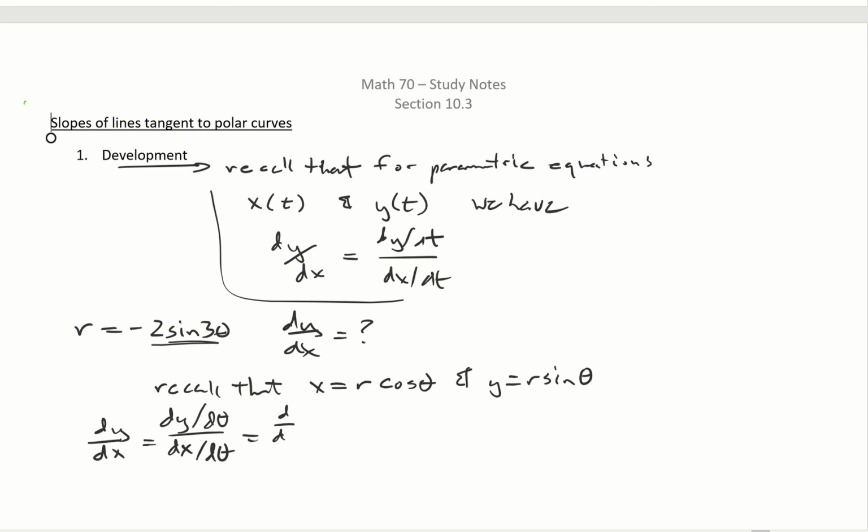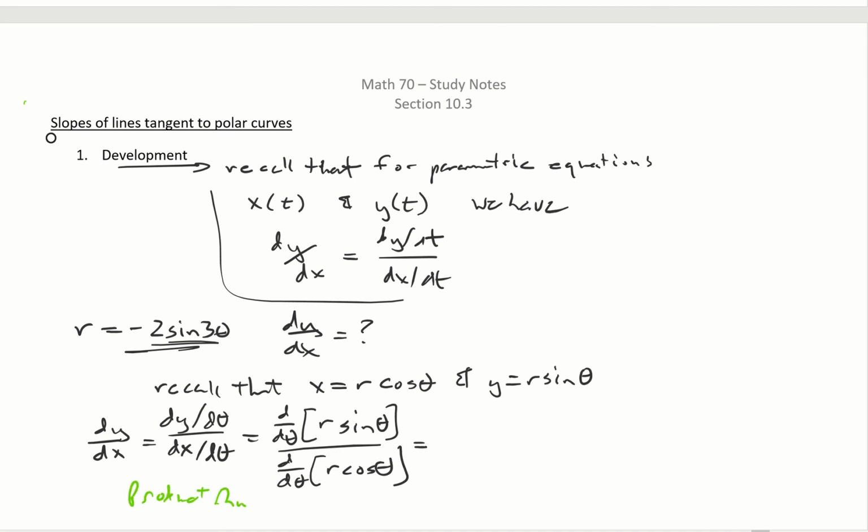We're going to derive with respect to theta y, which is r sine theta, and downstairs derive with respect to theta x, which is r cosine theta. Now remember, again, r is some sort of function of theta, and so I'm going to leave it as r if you don't mind. And what happens is use the product rule in both cases, one for downstairs and one for upstairs.